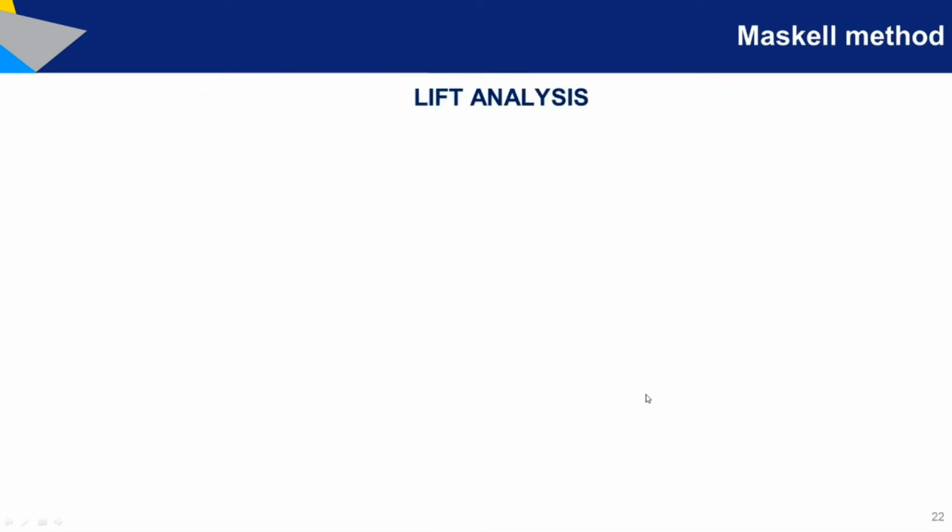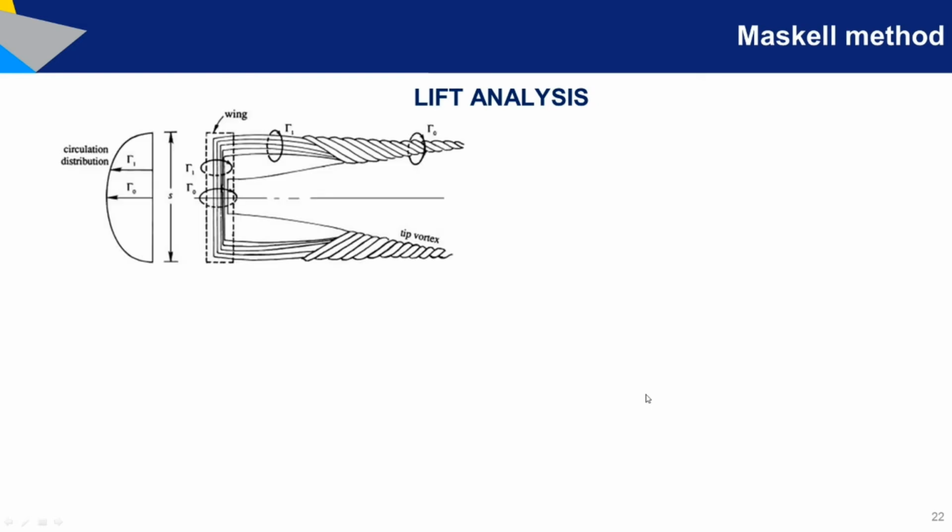So that was all regarding drag, but Maskell went beyond and also analyzed lift. Basically, he was inspired by the lifting line theory. The lifting line relation says that the changes in circulation along the bound vortex are related to the actual vorticity shed by the filaments.